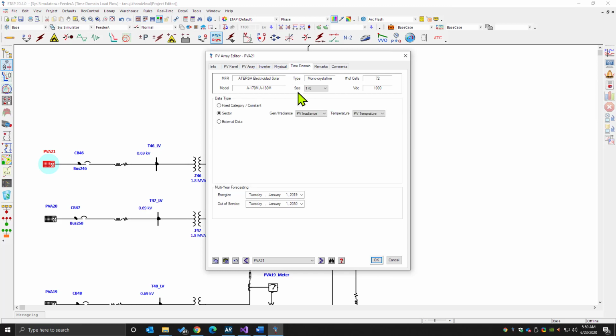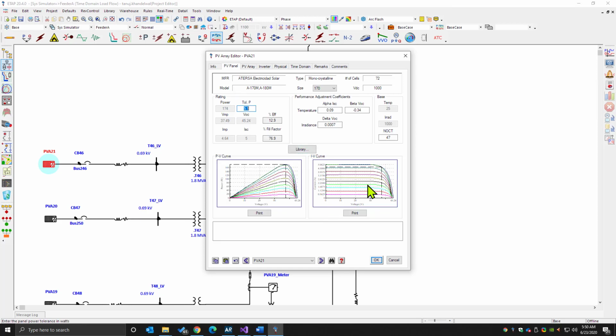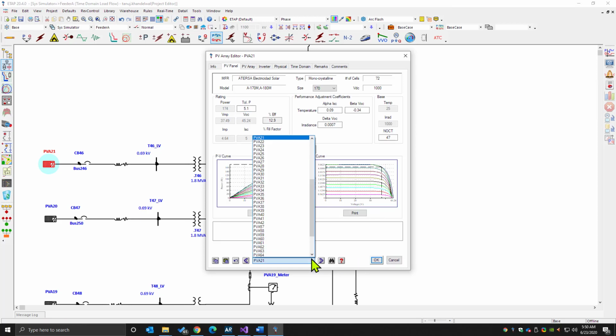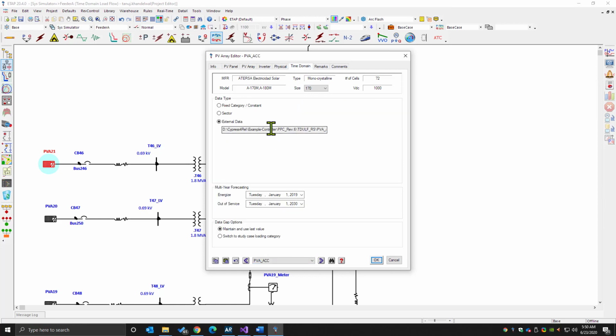And this time series data can include data from the profile library, including temperature adjustment, as well as considering the physical characteristics of the PV panel. For certain panels, you can also include time series data in terms of an Excel file that may be defined using historical or estimated irradiance levels at that particular site.